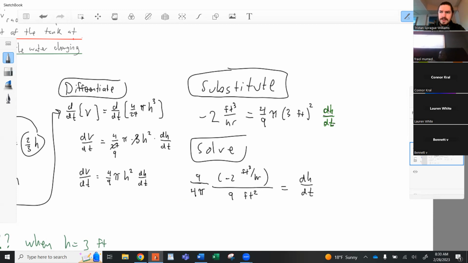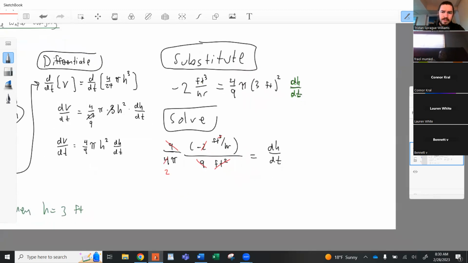So let's see, we can simplify this a bit. 9s cancel. 2 goes into 4 twice. And then looking at the units, feet squared cancels with feet cubed to give me just feet, right? So what I end up with here is my final answer, dh over dt is -1 over 2 pi feet per hour.